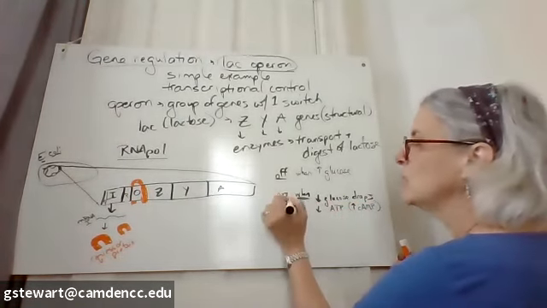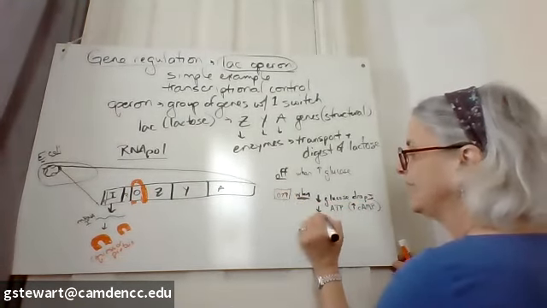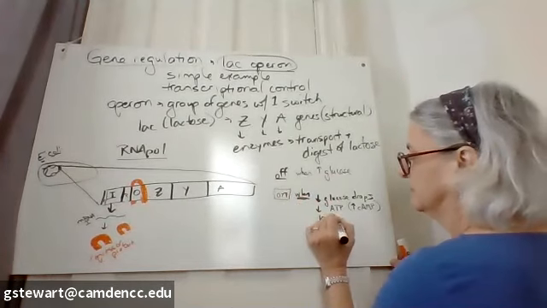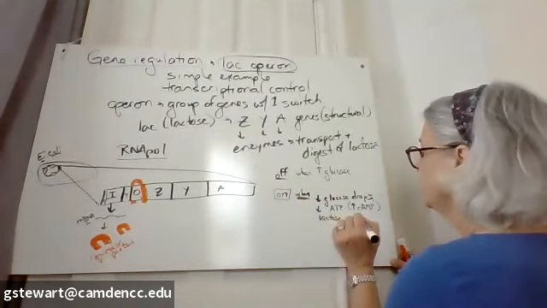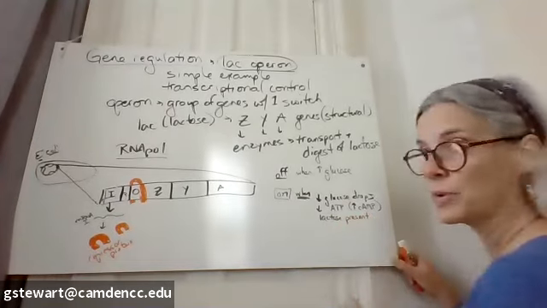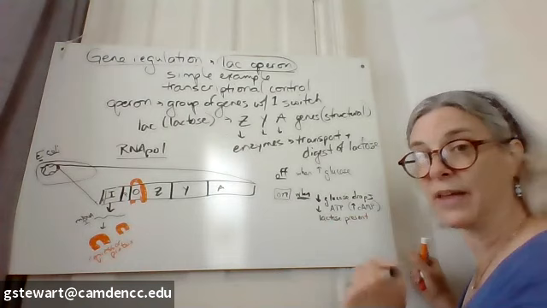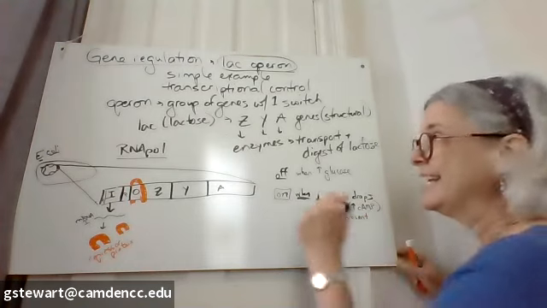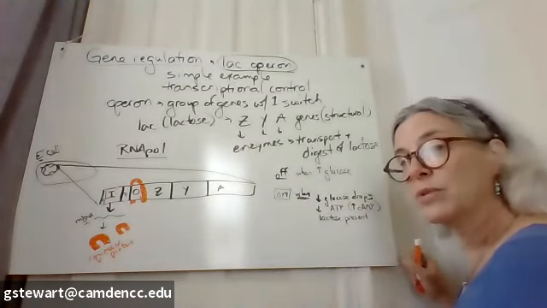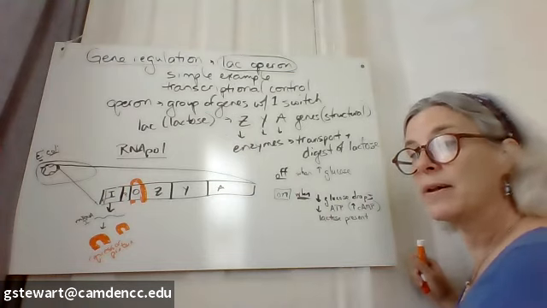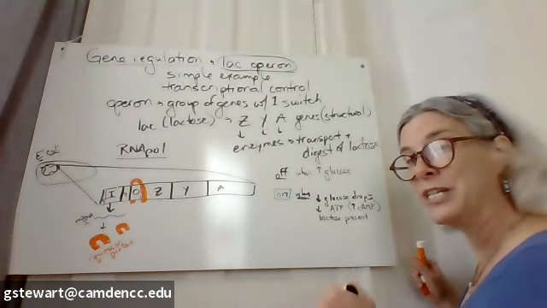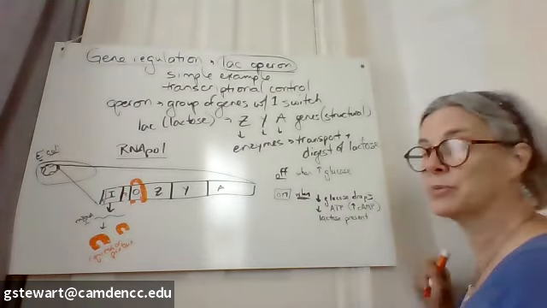However, this also will only come on when lactose is present. If there's no lactose in the food source, in the media, this isn't going to work. Nothing happens. You've got to have lactose. The lac operon, in your book you'll see it called an inducible operon. That means it is turned on or induced when lactose is present.